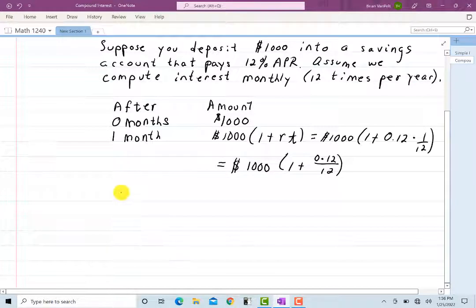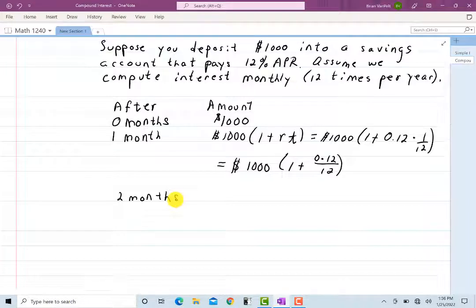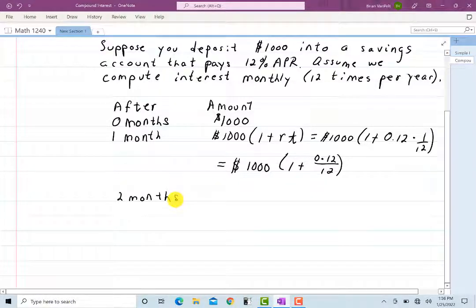Now let's go on 2 months. Now the way it works is they pretend that the amount that you have in the bank after the first month draws interest, the whole amount, not just the principal. So you take the entire amount that you have. So I take my amount that I had from before, 1,000 times 1 plus 0.12 over 12, and I do it again.